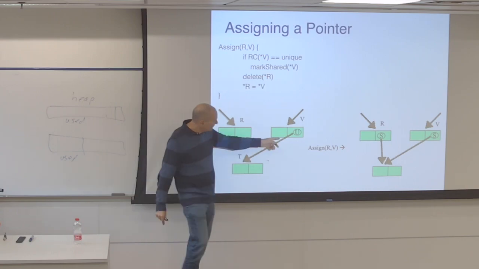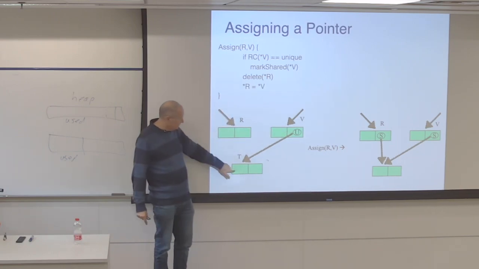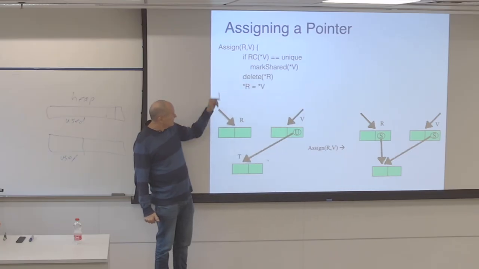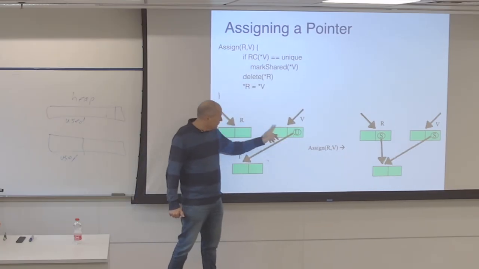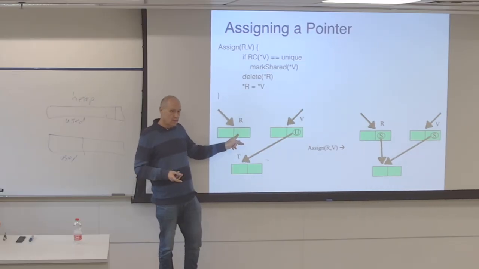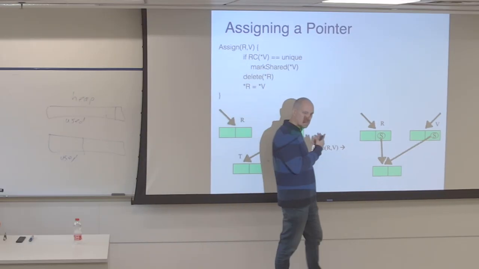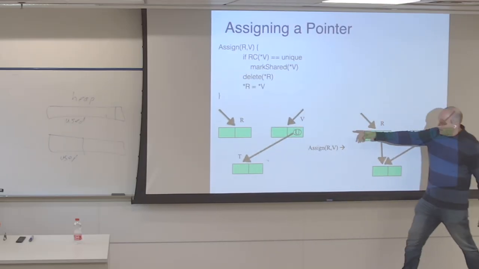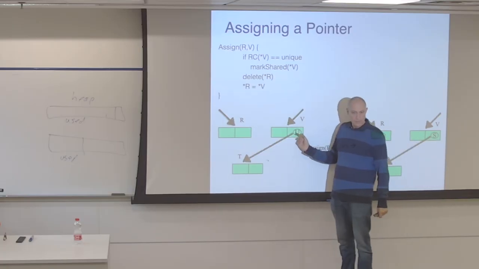So in the pointer, I could say this is a unique pointer to this object. And whenever I do an assignment, and for example, I want to put this here, then I will change it to shared. So when I create the first pointer, when the object is allocated, I will put a unique on the pointer to it.